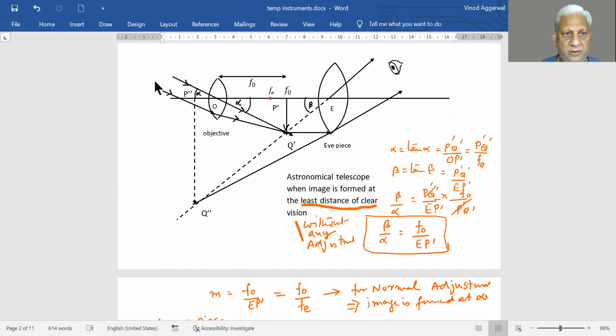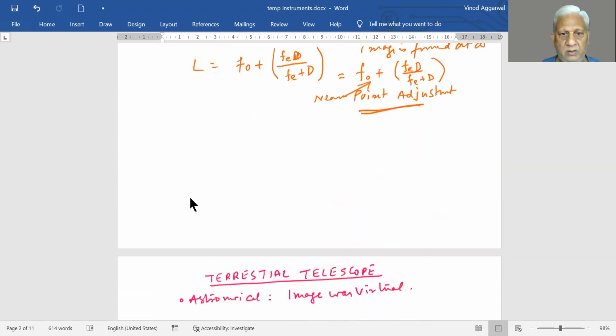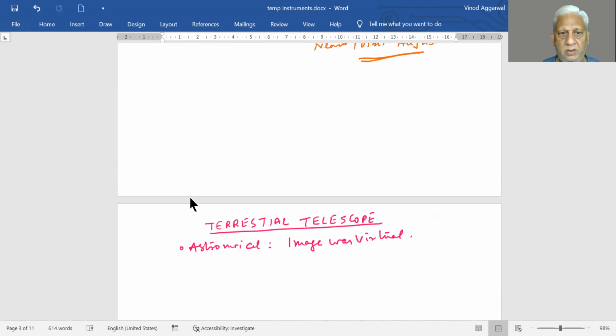So whatever you will see it inverted. Now, in order to remove this problem, what we do is we make a terrestrial telescope in which the image is still virtual, but it is erect.